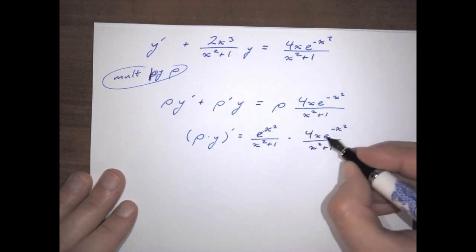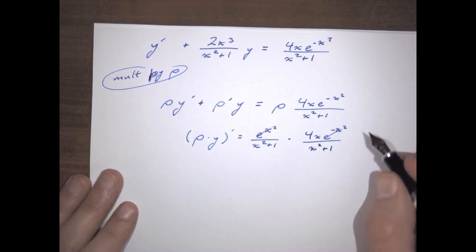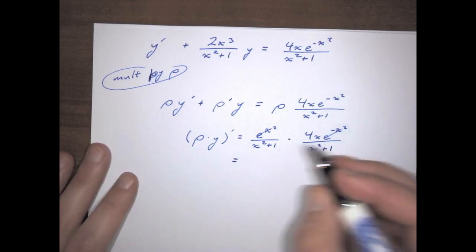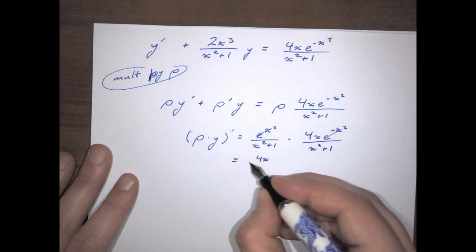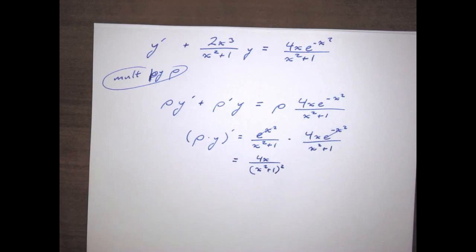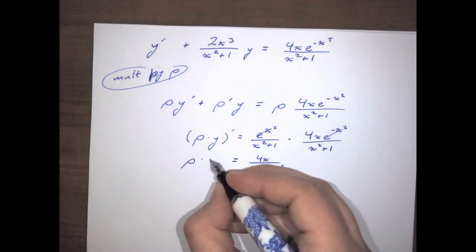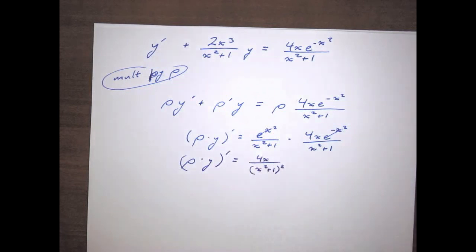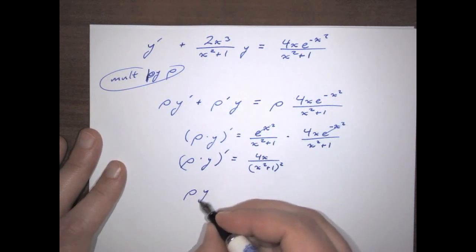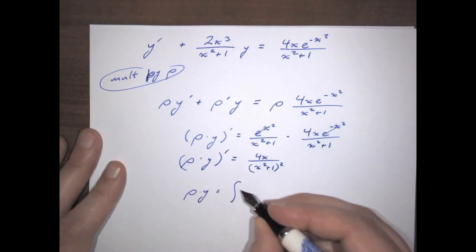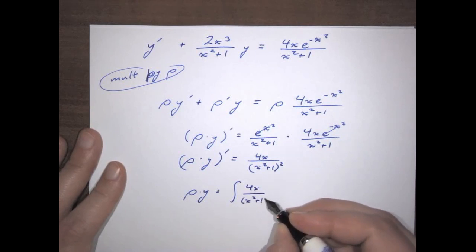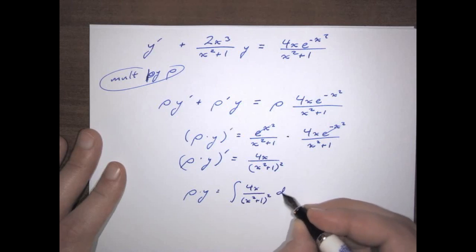And what we have here and here are going to cancel each other, which is always a very lucky turn of events. And what we're going to have is 4x over x squared plus 1 squared. And that's the same as the derivative of rho times y, so we anti-differentiate to get to rho times y itself. And it's going to be the antiderivative of 4x over x squared plus 1 squared dx.